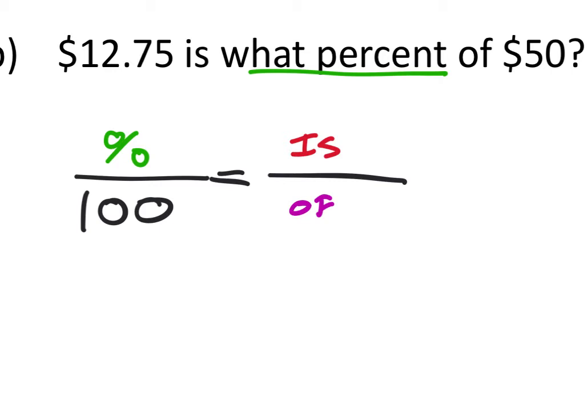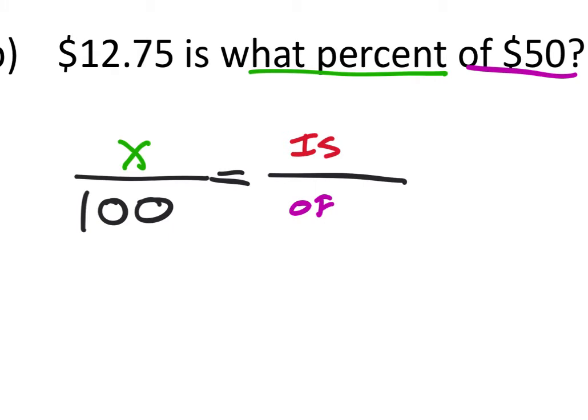So again, they're saying, what is the percent? Well, we don't know the percent, which means, again, I would have to use some kind of unknown on this one, which for me, I just use x, okay? Because the percent always goes above 100. But then we got to figure out where the 12.75 goes and the 50. Now it says it's what percent of 50. It's usually of some kind of total or some kind of whole amount, which again is why we look for the word of.